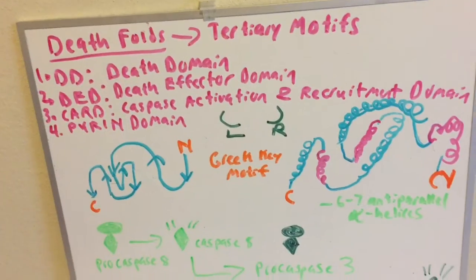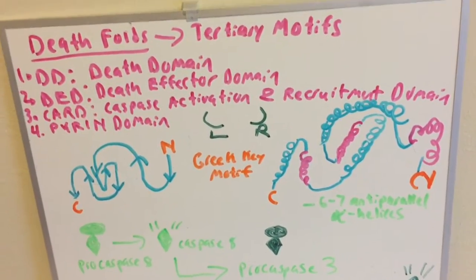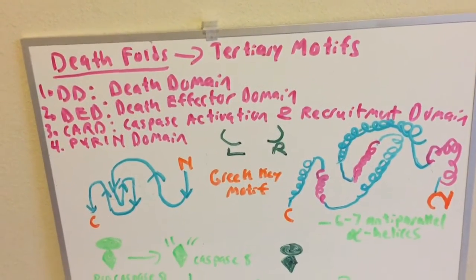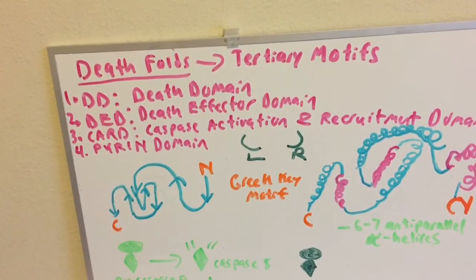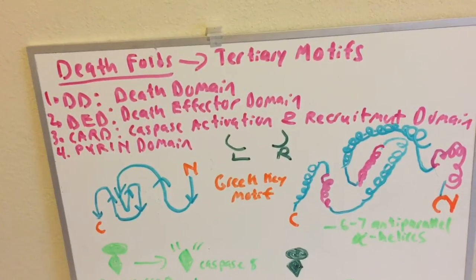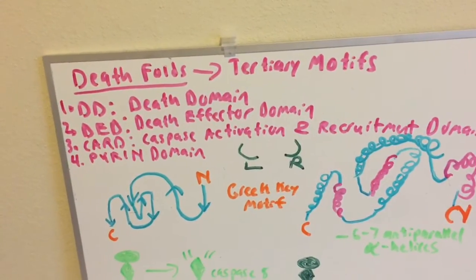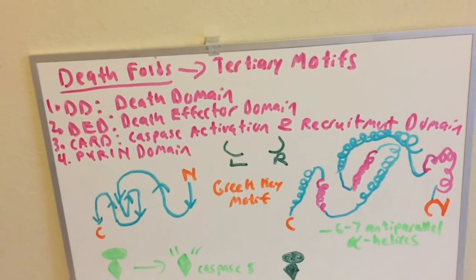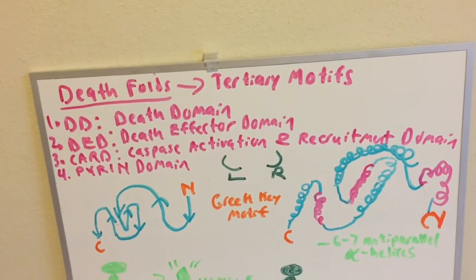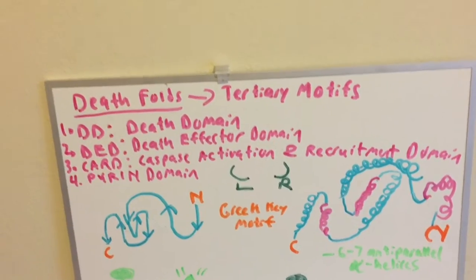On the top here, there were some things involved. If we go back to the death domains that we discussed in the formation of DISC, there were several things I thought were pretty interesting. We have the death domain, which is part of the death receptors, like FAS, and is used to recruit FADD.